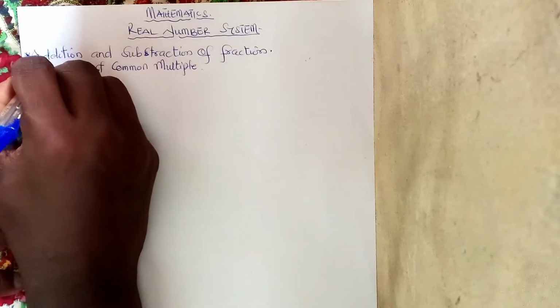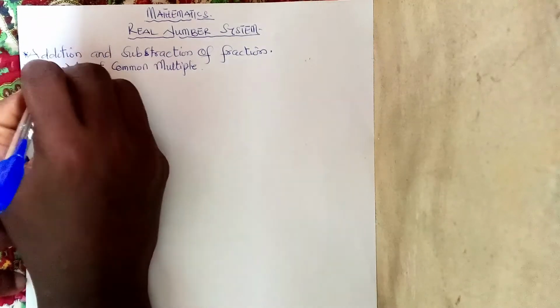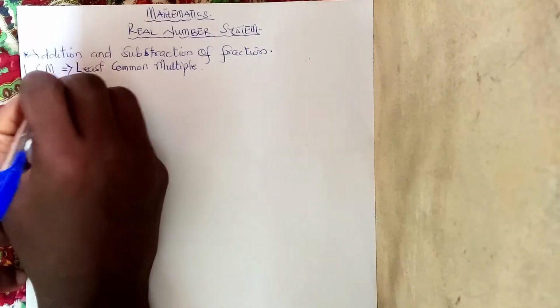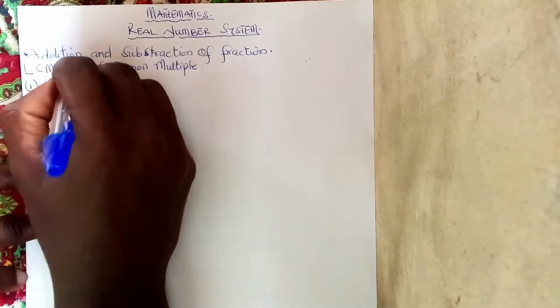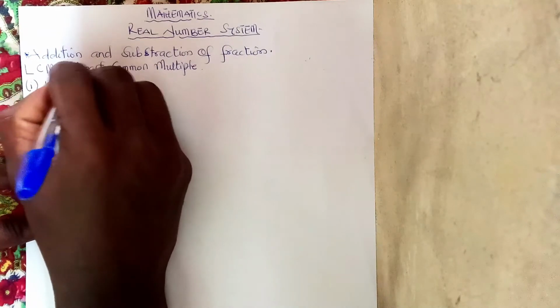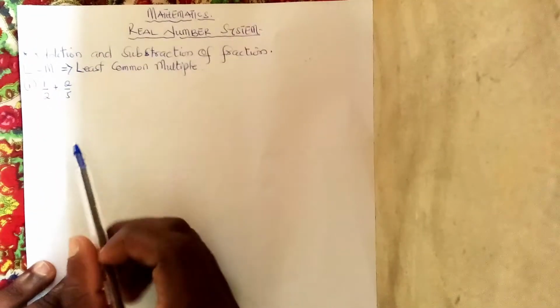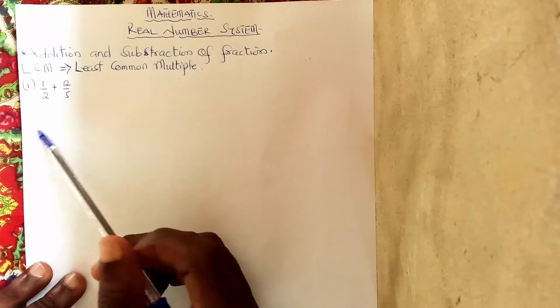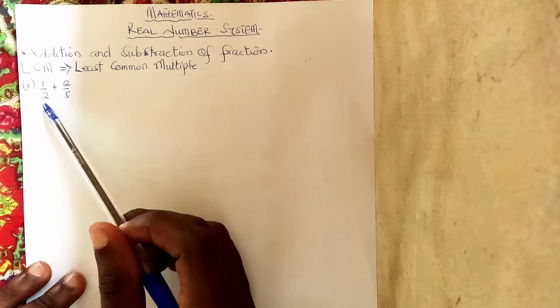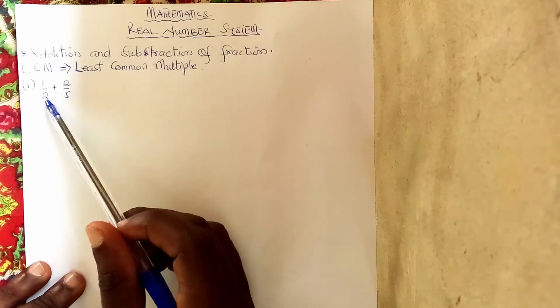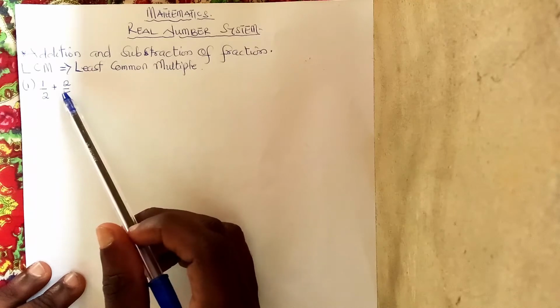So we have an example, example 1. 1 on 2 plus 2 on 5. The least common multiple that we are talking about is we have to find a number of which 2 is divisible and 5 is divisible.